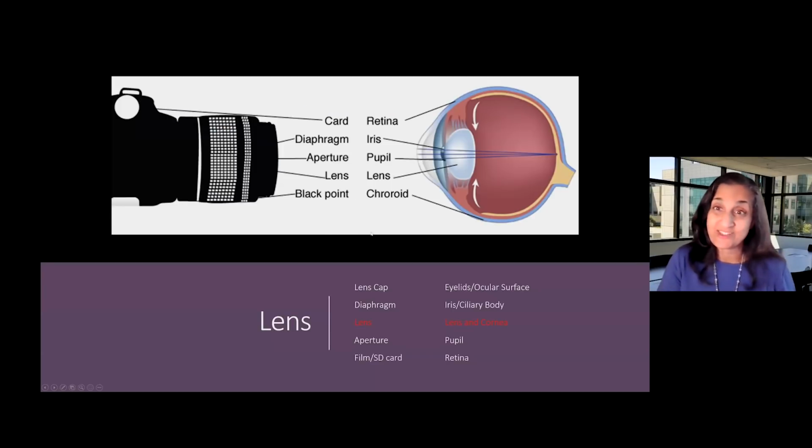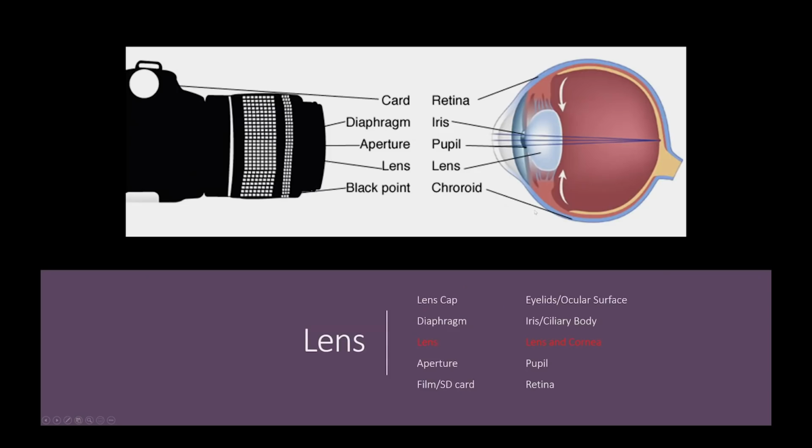So in my camera analogy, the lens of the camera is just like the lens of the eye. In the eye, there are 2 structures that focus light, both the lens and the cornea.